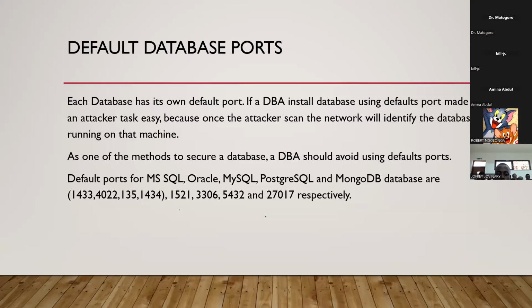So if an attacker scans the network and finds these ports, obviously the attacker will know, okay, this is Microsoft SQL. So you just made the attacker's task easier to know that in this machine a Microsoft SQL server is running.